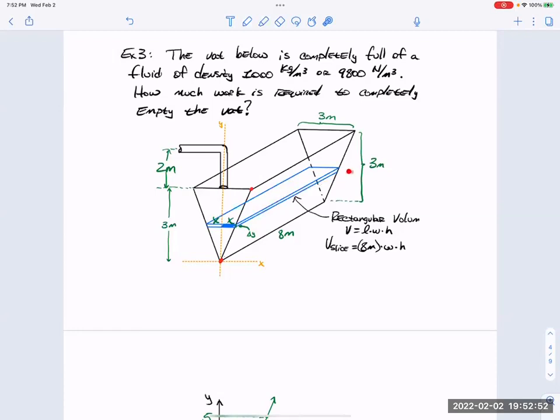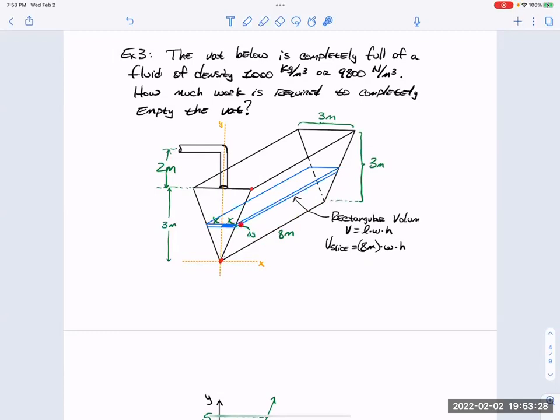The volume of that rectangular solid, which represents a slice of this fluid, would basically be its length times its width times its height. So for the volume of the slice, we know the length of the slice would be 8 meters, because that's the length of the tank.